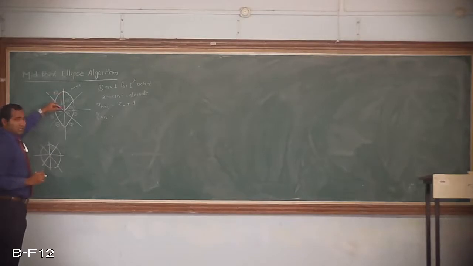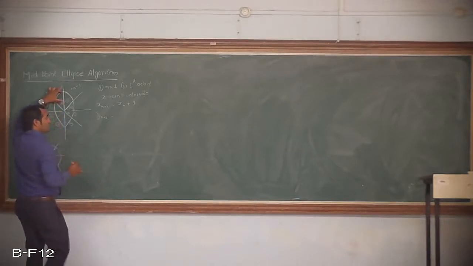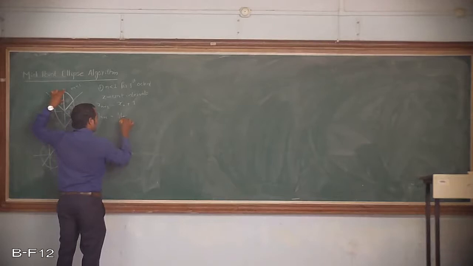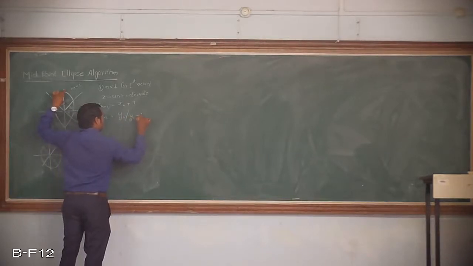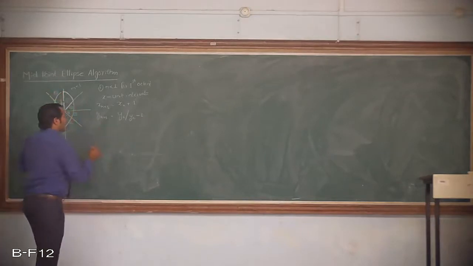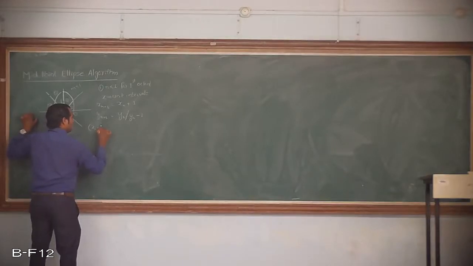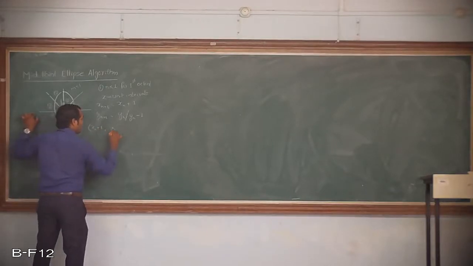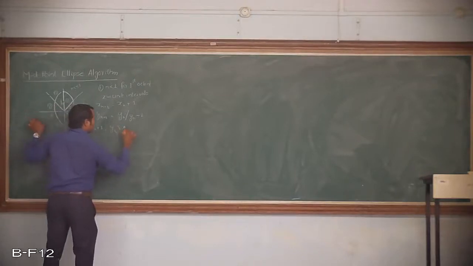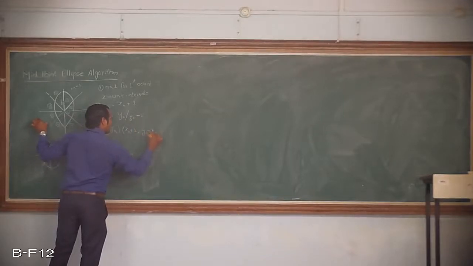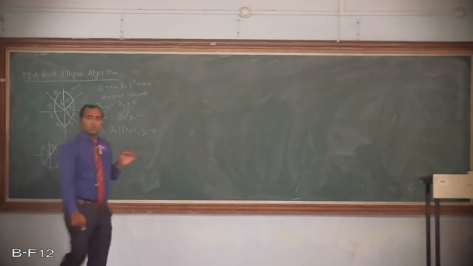The value of y is decrementing here. We are not supposed to increment the value of y, we are supposed to decrement it. So two possibilities: it can take the value yk or yk minus 1. So the 2 possible points were xk plus 1, yk, and xk plus 1, yk minus 1.